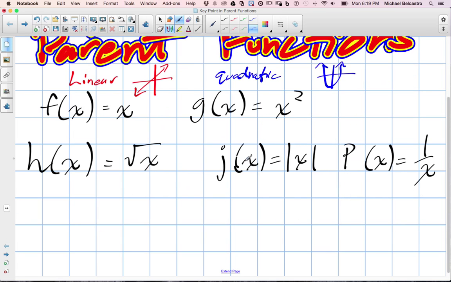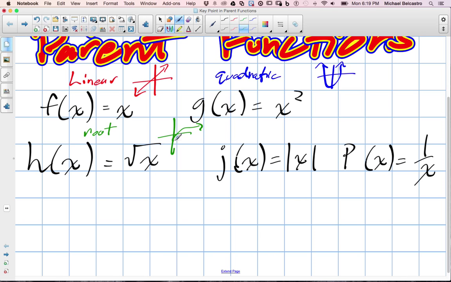Okay, now h(x). We use the letter h just because it's a different type of function. This is considered a root function, and it's technically the square root. Okay, so the square root of x. Now this one looks a little different. They usually call it the root function, but technically it should be called a square root, as in the root of x. This is kind of like a sideways parabola.